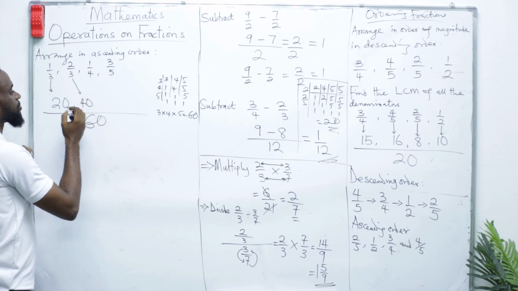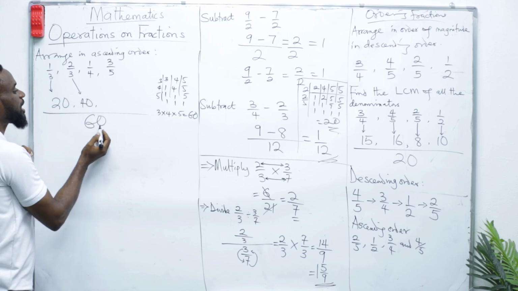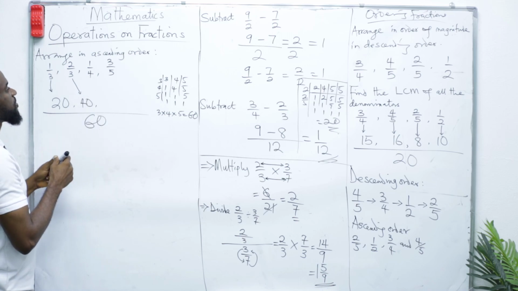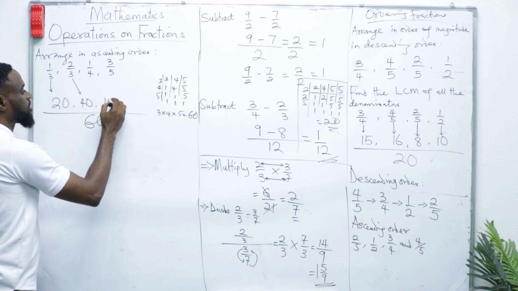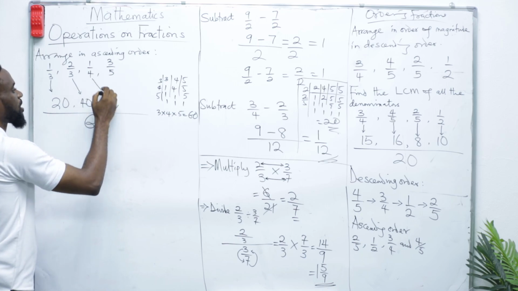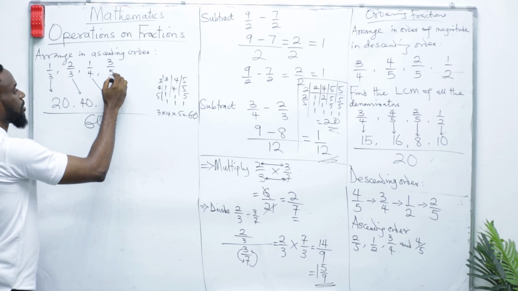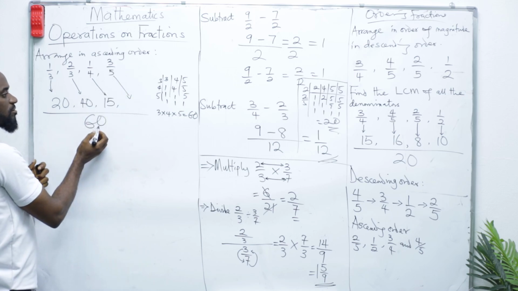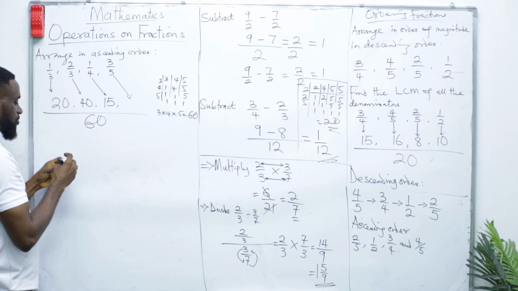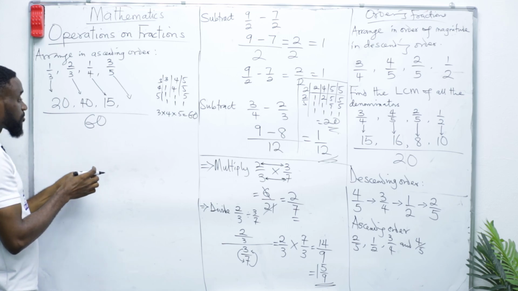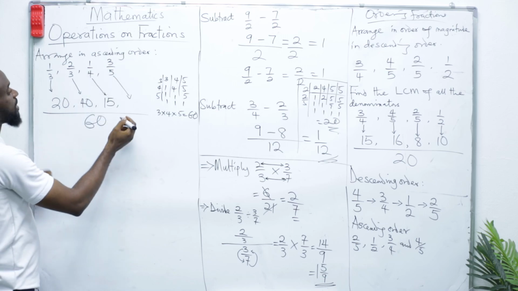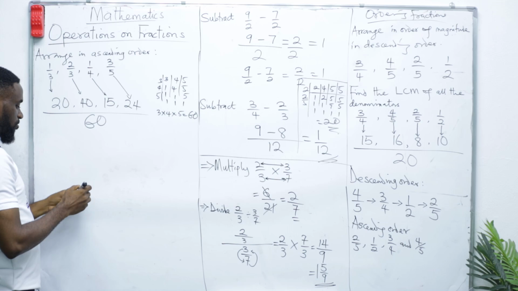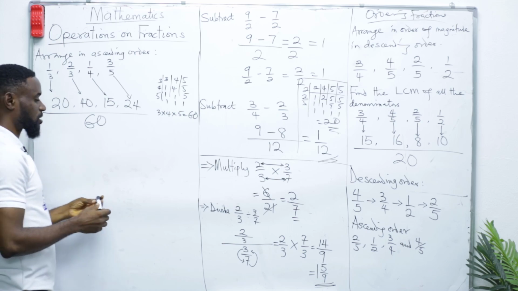The next one, 4 into 60 is 15. 15 times 1 is still 15. The next one, that is the last one, 5 into 60 gives us 12. 12 times 3 gives us 36. Is that okay now?